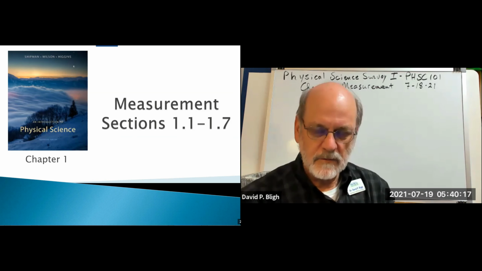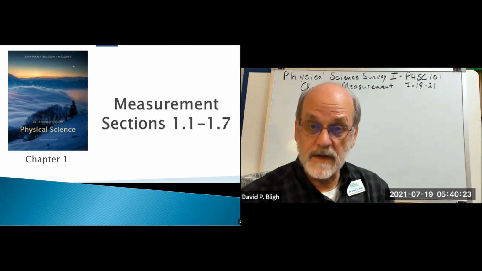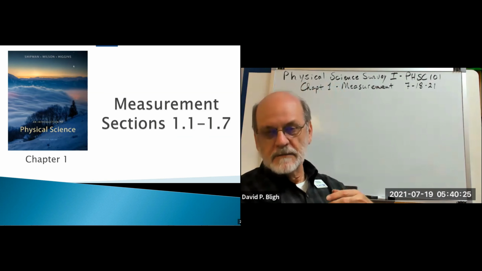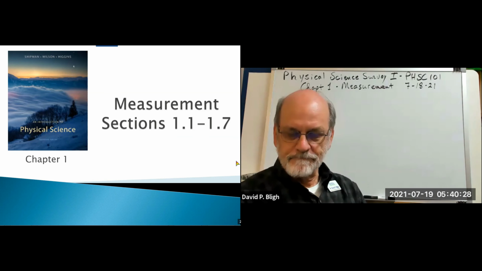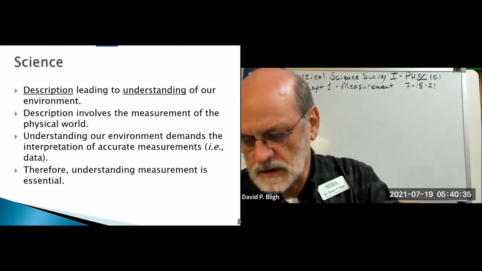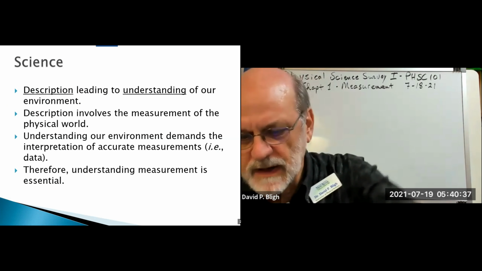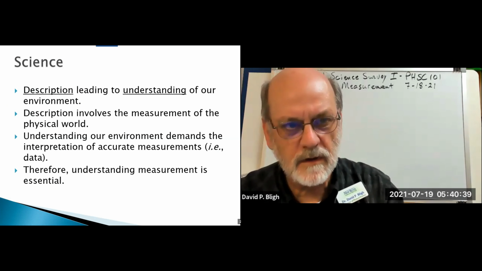But for now, we need a discussion of science, scientific method, and the way that we use measurement to gain information about a particular problem. Okay, here we go. So I'm going to open my hard copy so I can follow along here and see what's coming.